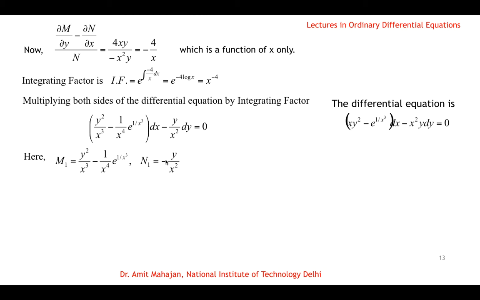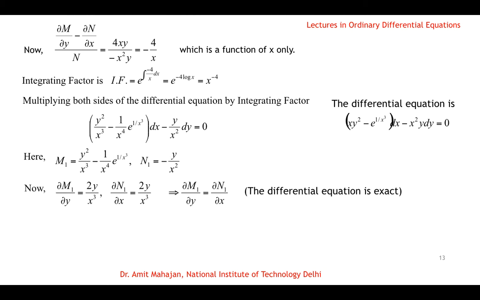We can check that this differential equation is now exact. Differentiate M1 with y and N1 with x, and see that the partial derivative of M1 with respect to y is equal to the partial derivative of N1 with respect to x. So this new differential equation is an exact differential equation. That is the role of the integrating factor: it converts the differential equation into an exact one.